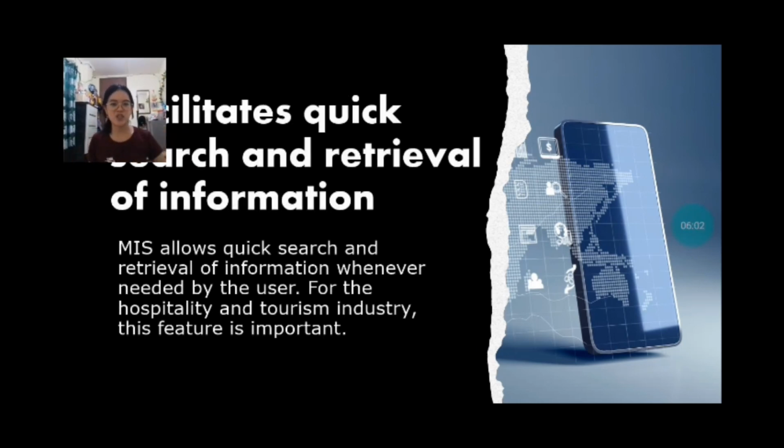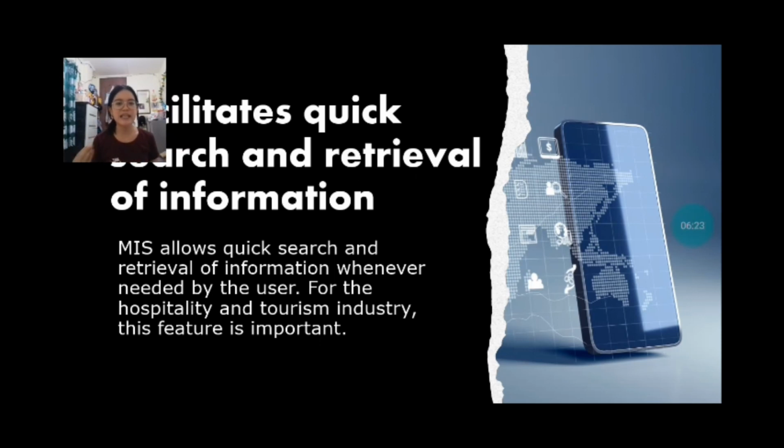So, next is that it facilitates quick search and retrieval of information. So, this I believe is very important in terms of storing information or records from past sales, for example past sales of your establishment, because MIS allows quick search and retrieval of information whenever needed by the user.